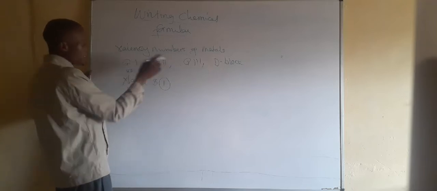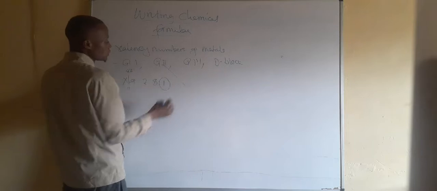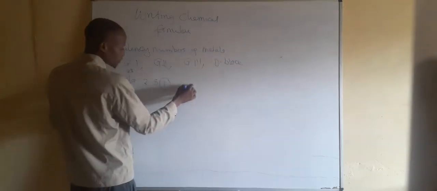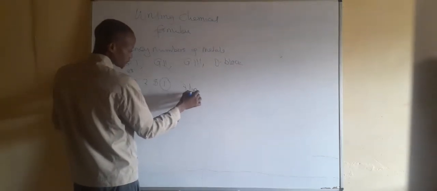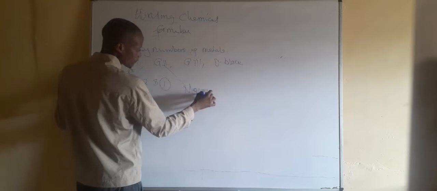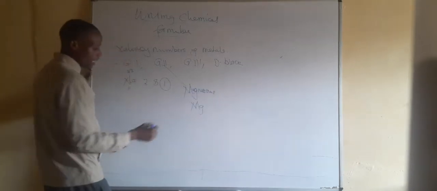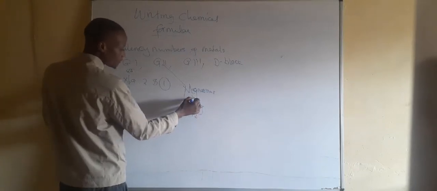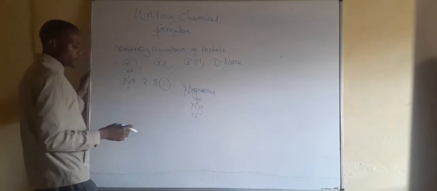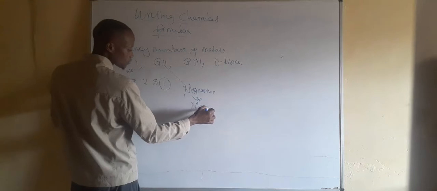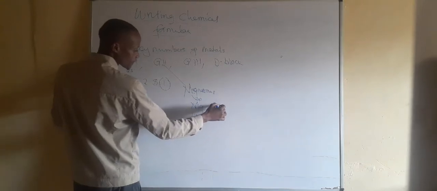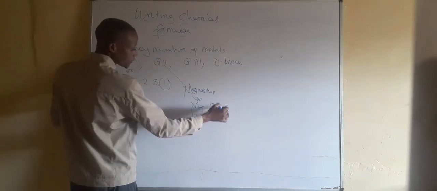Let us look at an element found in group 2. Let's talk about magnesium. The symbol is Mg. The atomic number is 12. The mass number is 24. We are using that number again, as usual. We have 2, 8, 2.